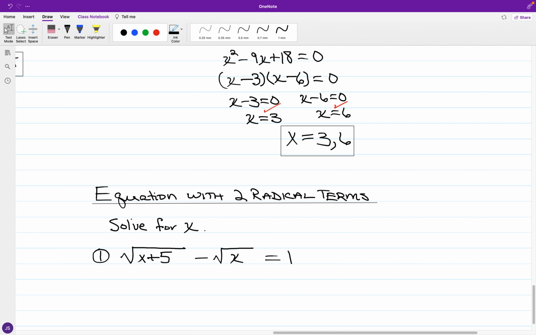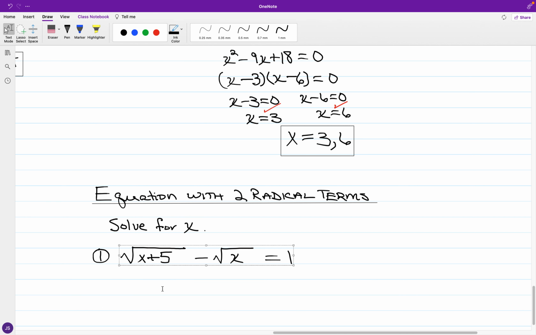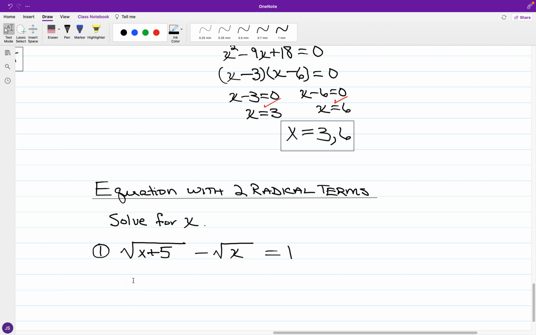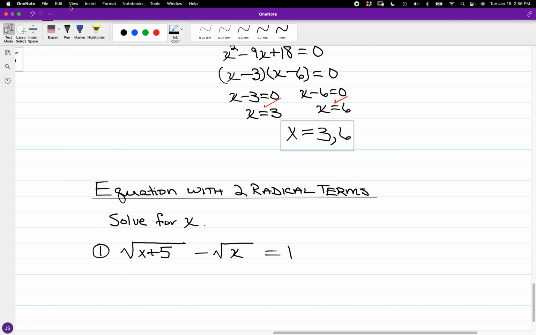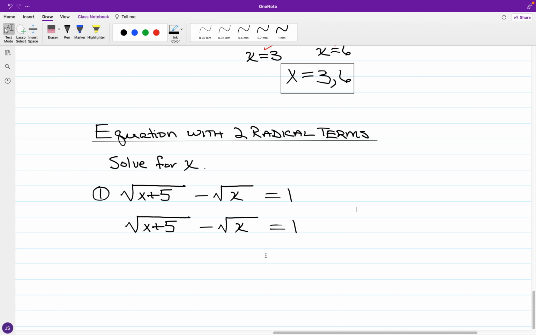Now we've looked at the radical terms being isolated. But in the recent past we've had 1 radical term. Now we got 2. And the common approach is to isolate what might appear to be the more complex radical.